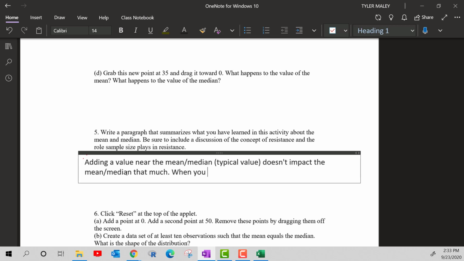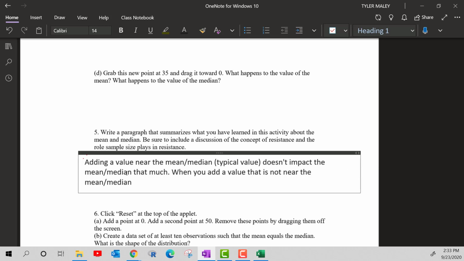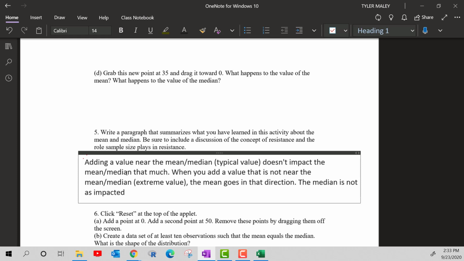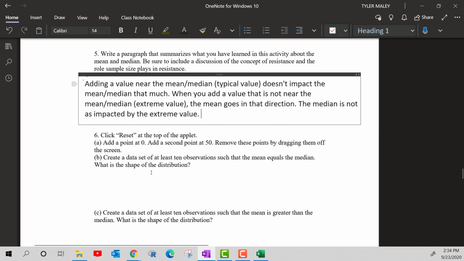But when you add a value that is not near the mean/median, what we call an extreme value, the mean goes in that direction. The median is not as impacted by the extreme value. So it's just some sample sentences of what we observed, right?